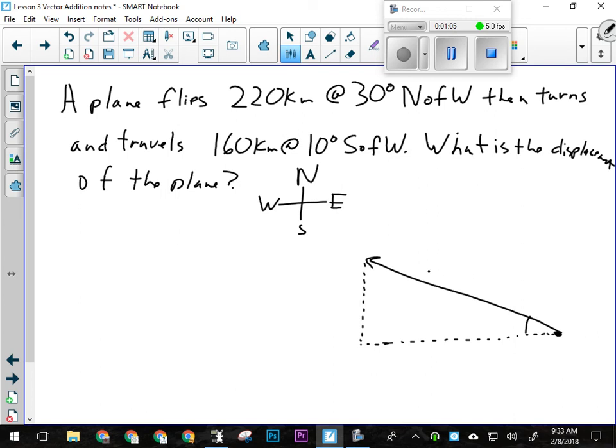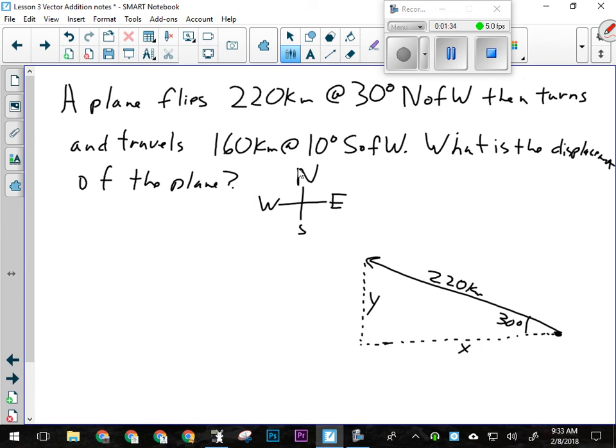All right, so this line is 220 kilometers long. It's angled 30 degrees, and it has a horizontal, or X, and vertical, or Y, component. Okay? The Y component will be the north-south part of it, and the X component will be the east-west part of it. After that, it says that it travels 160 kilometers at 10 degrees south of west.